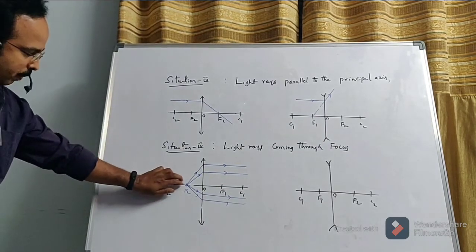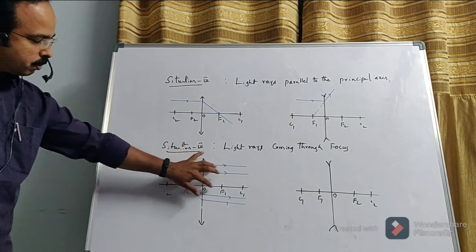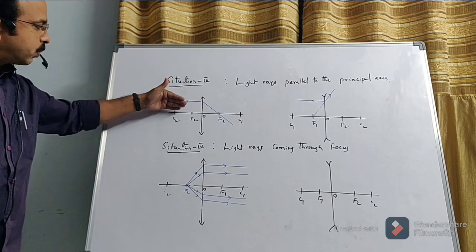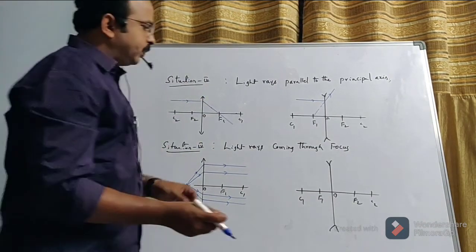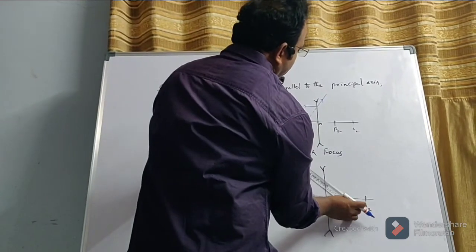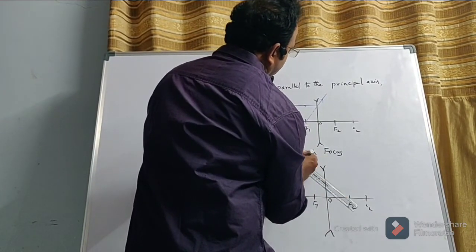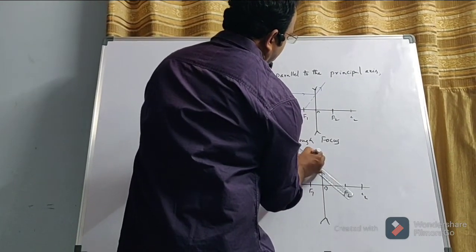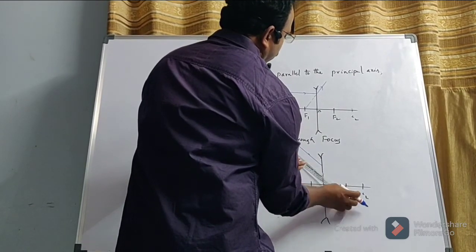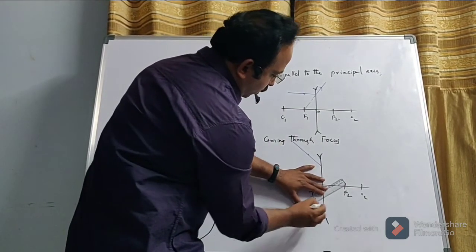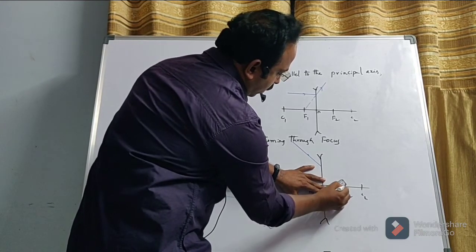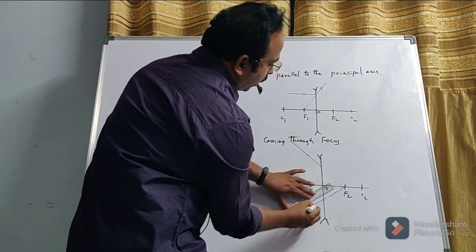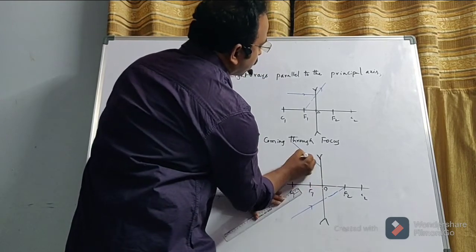The light rays coming from focus will emerge as parallel. The light rays parallel to the principal axis will go through focus after refraction. This is to be remembered very well. And here also, for example, light rays are coming towards focus, like this. It is also coming towards focus.